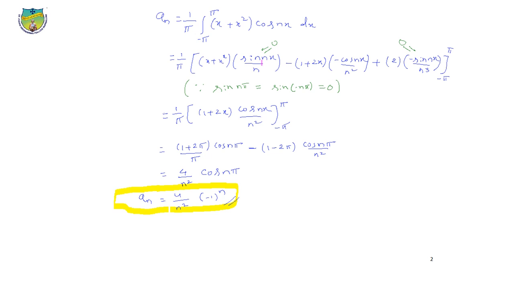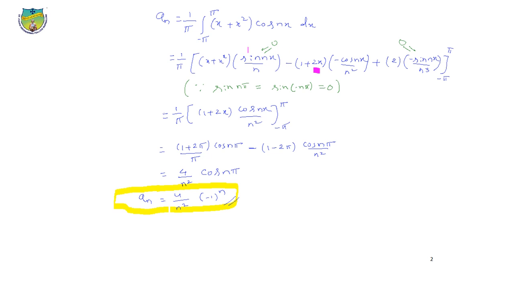For the value of an, similarly, 1 by pi integration from minus pi to pi of x plus x square cos nx. We use integration by parts. Keep x plus x square as it is. Integration of cos nx is plus sin nx by n. Minus, this is the formula from integration by parts, the derivative of x plus x square: the derivative of x is 1 and of x square is 2x.